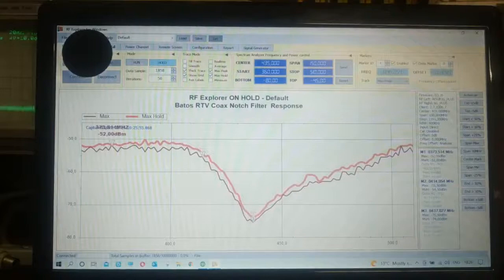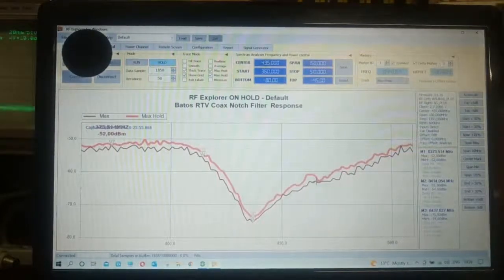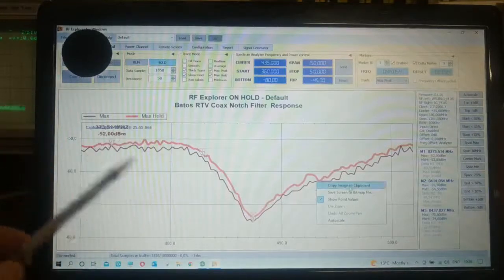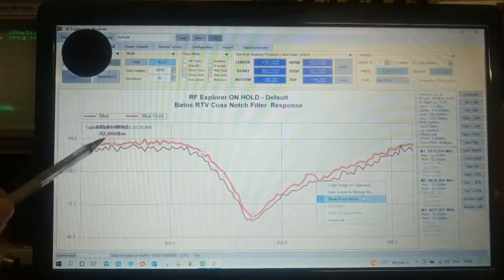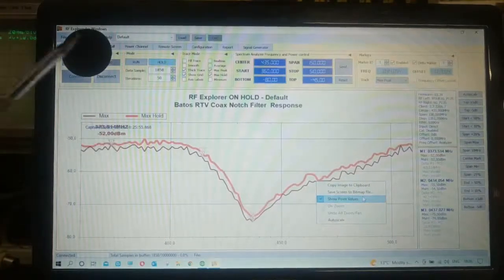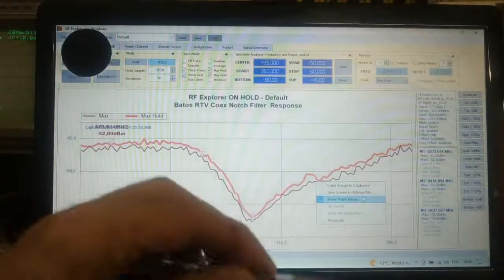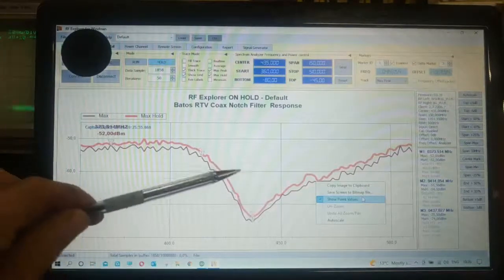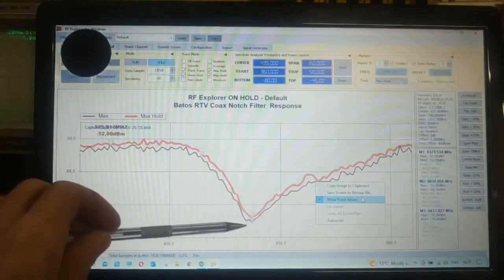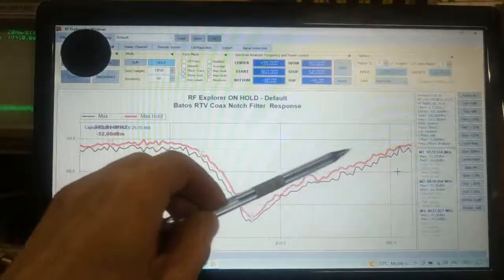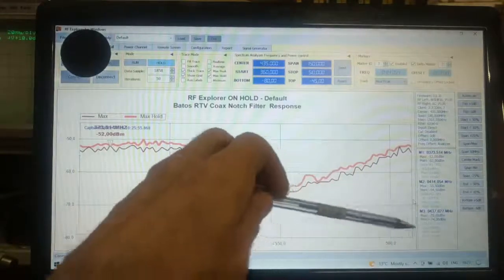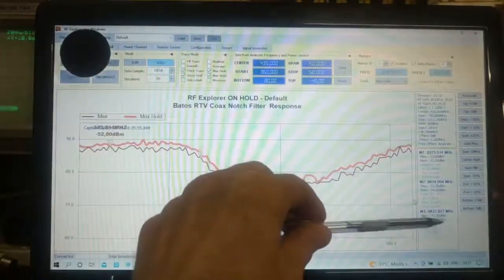Okay, so if we look at it, the difference in attenuation between my reference line, which I made 52 dBm as my zero line, I have attenuated with my notch filter, which is just a piece of coaxial cable, to this particular point, at the minimum point of attenuation at 437 megahertz, which is my desired frequency that I want to really attenuate, at 75.